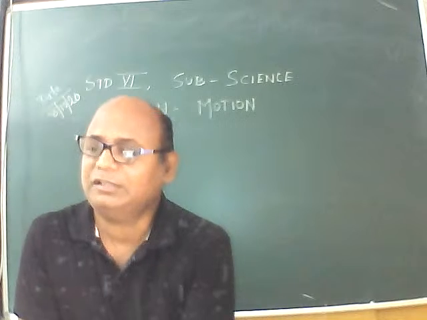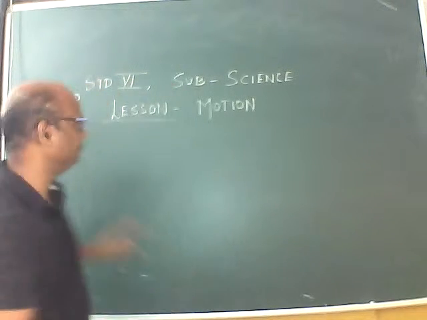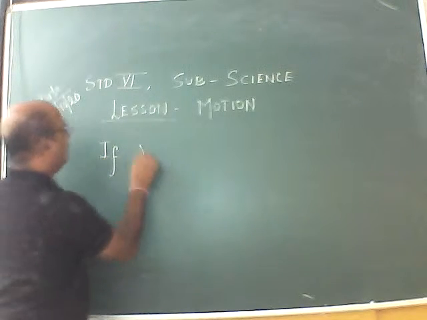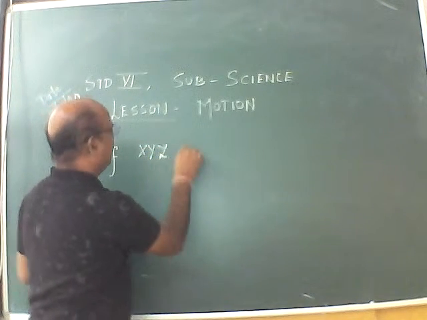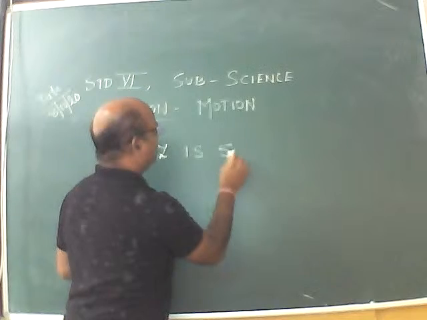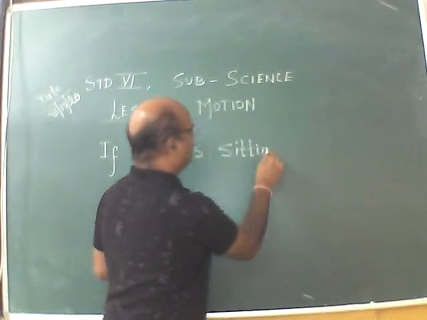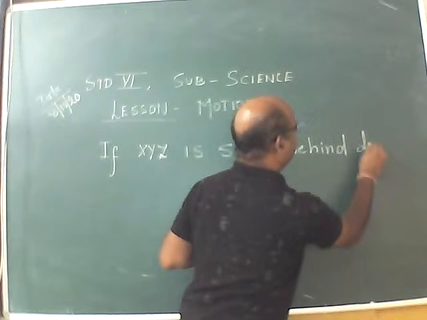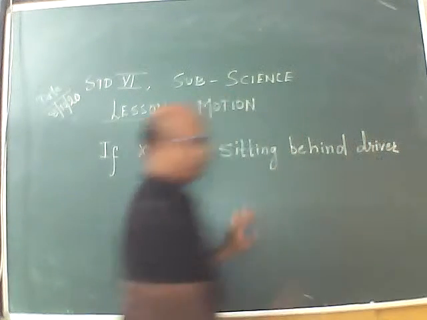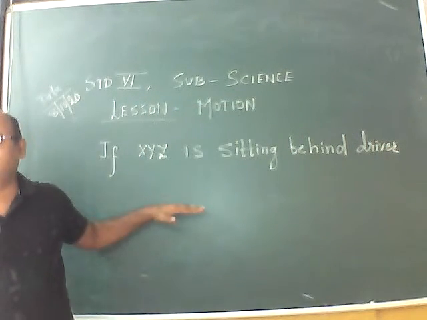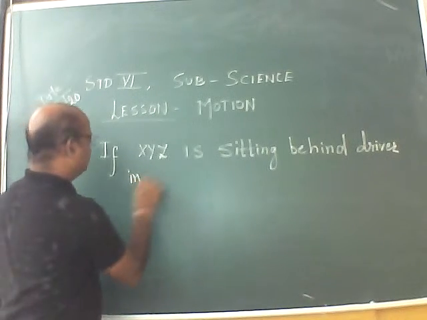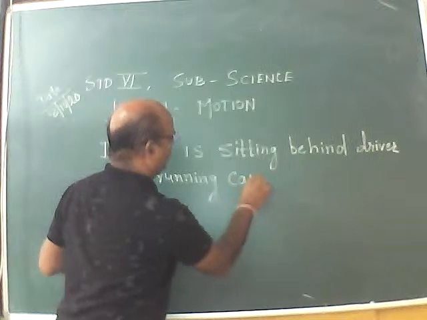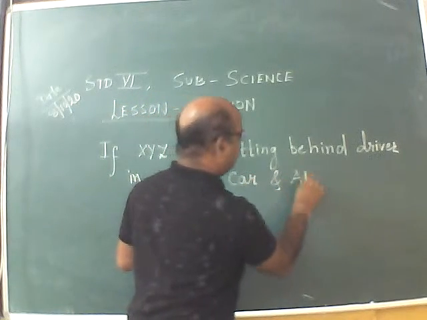For example, if XYZ is sitting behind the driver, XYZ is sitting behind the driver in a running car, and ABC is standing outside.